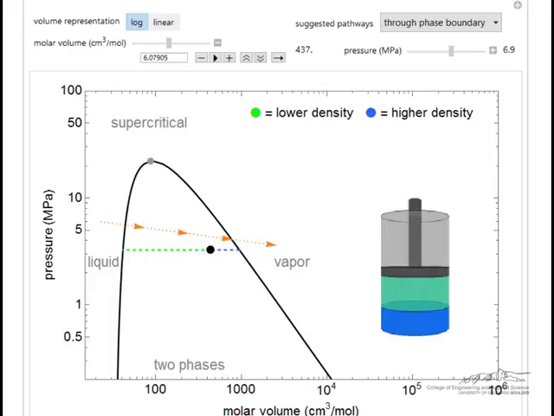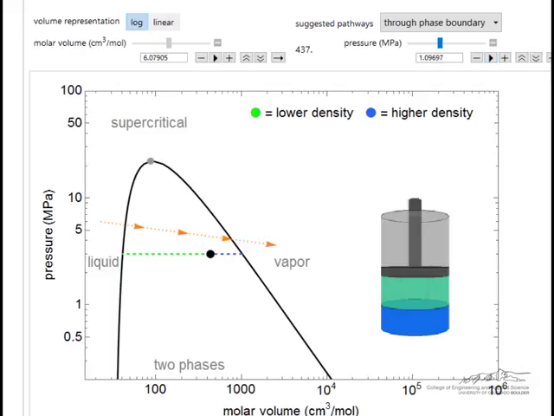I increase pressure a little bit to approximate that orange line, so let me increase it a little less, and sometimes it's easier to do it by stepping. And now I can decrease volume at constant pressure. Can continue to do so.